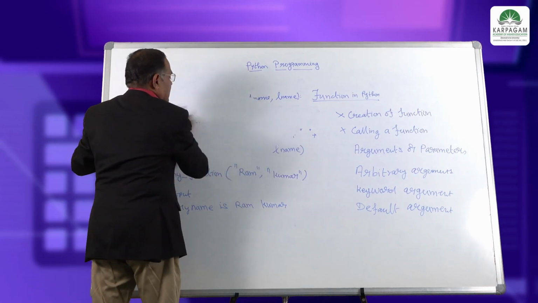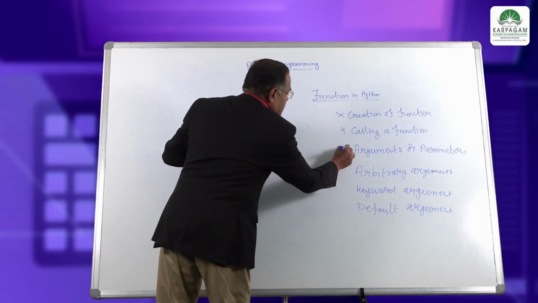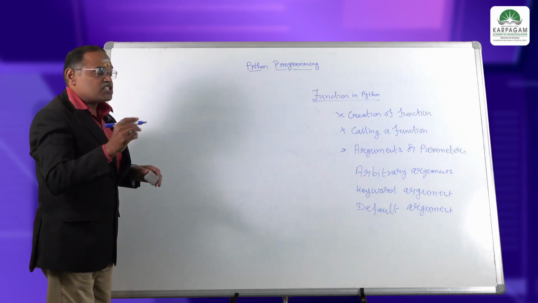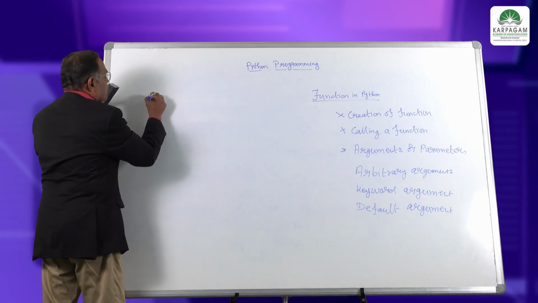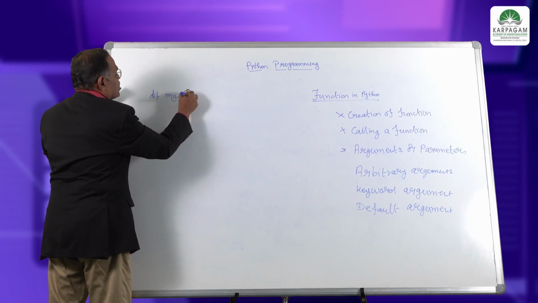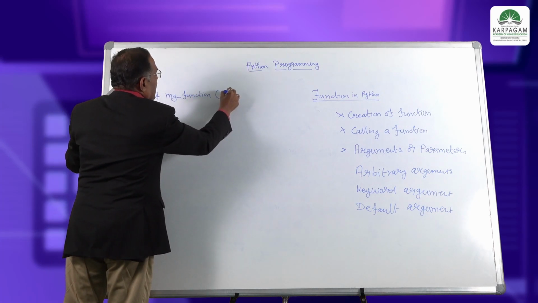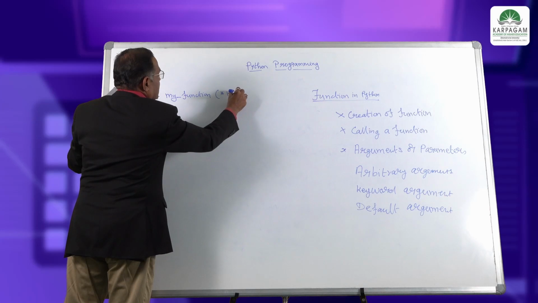Then arbitrary arguments. If the user doesn't know how many arguments are going to be passed inside the function, then we can use arbitrary arguments by placing an asterisk before the parameter. def my_function, asterisk kids.